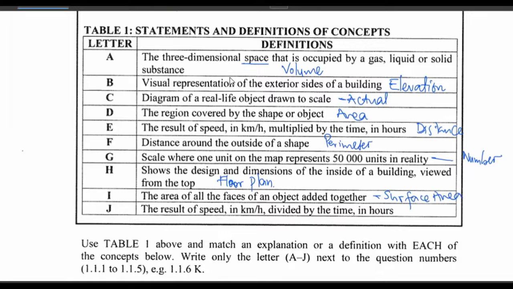Then the result of speed in kilometers divided by time has never existed. Speed divided by time does not work out that way. And this one here does not make sense. Let's come in and start answering the questions.